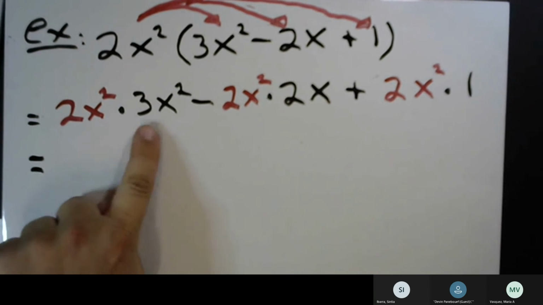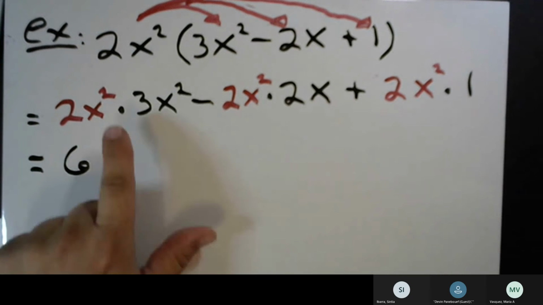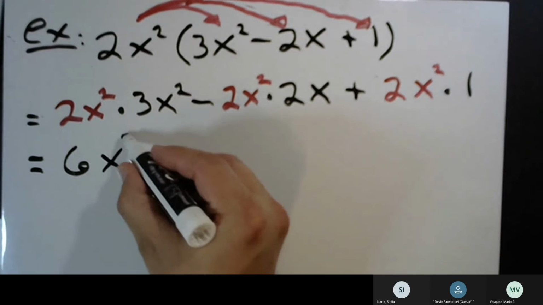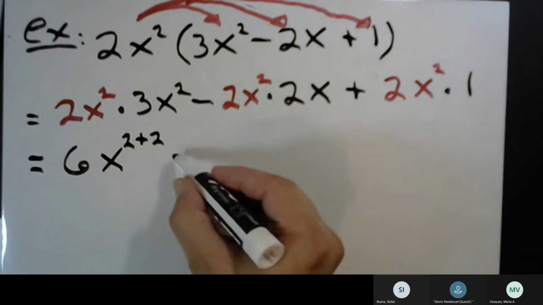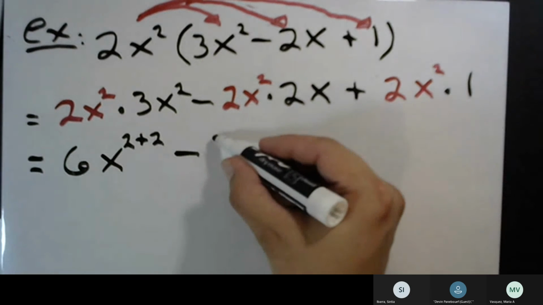So for this, we have 2 times 3 for the constants, and that's 6. For the x, we'll add up the exponents. It's going to be 2 plus 2. And then 2 times 2 is 4.